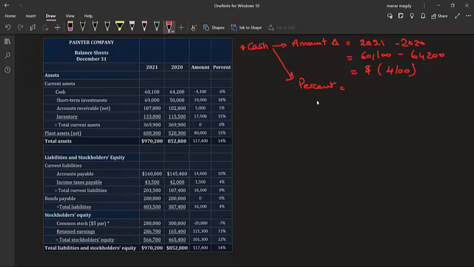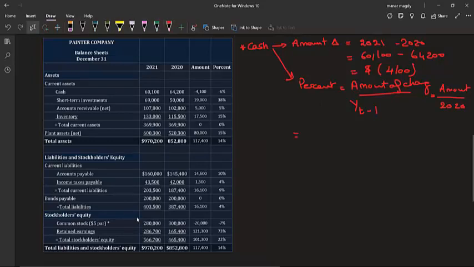You write the amount of change divided by the last year, because you want to understand what percentage of increase from last year to this year, not the opposite.